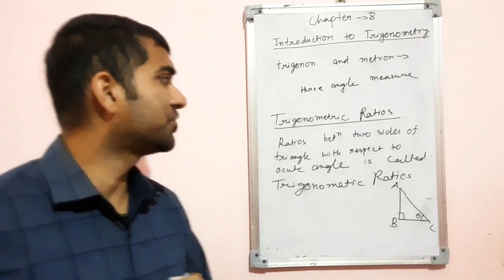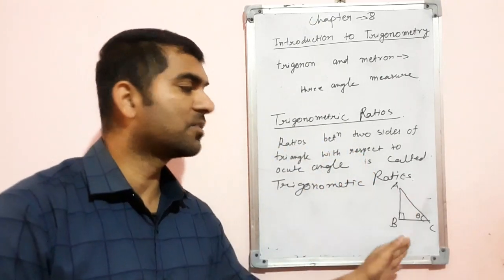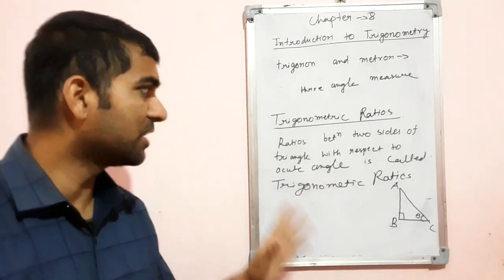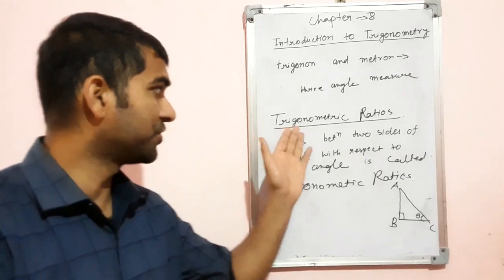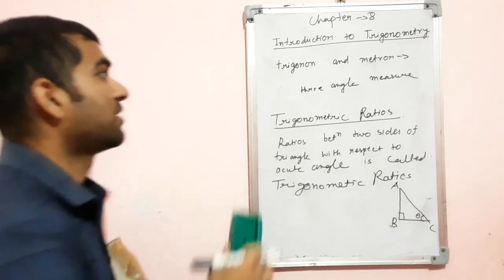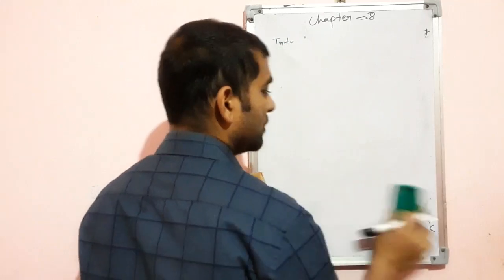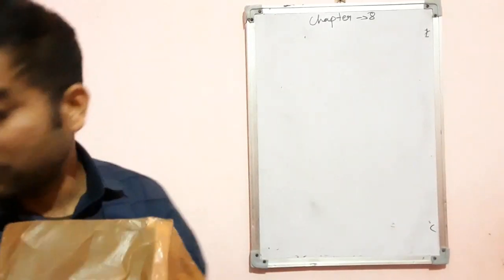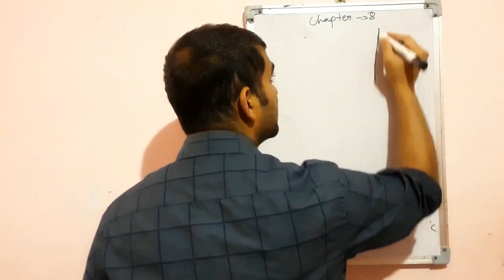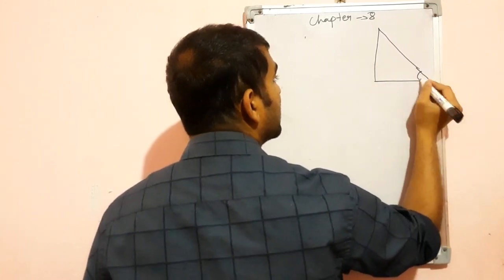Now let us learn the different trigonometric ratios. The ratio is between only two sides of a right angle triangle, with respect to an acute angle. There are 6 types of trigonometric ratio. For that we need a triangle, so let us draw a right angle triangle and mark the angle theta.